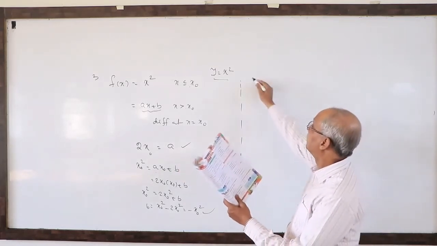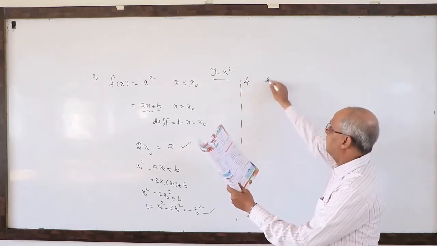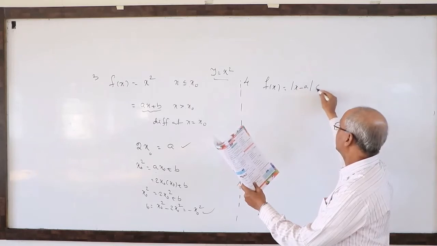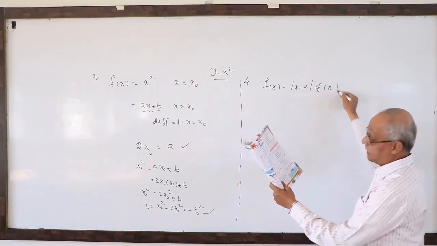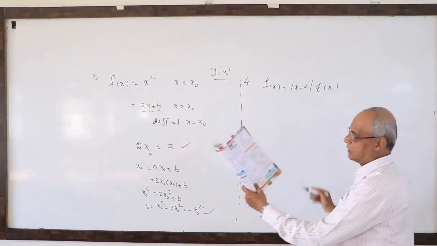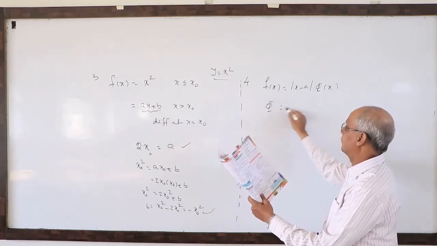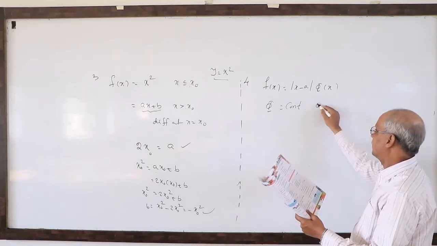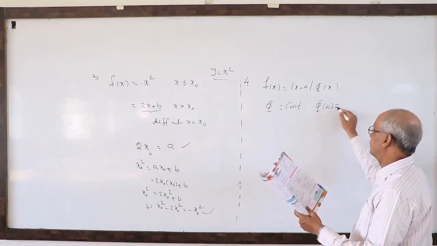Fourth problem. f of x is equal to modulus of x minus a into phi of x. Phi is a continuous function, and at that point a it is non-zero.